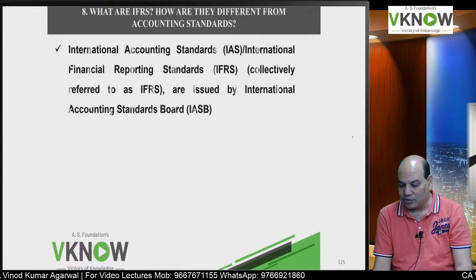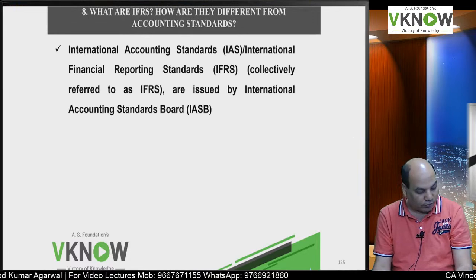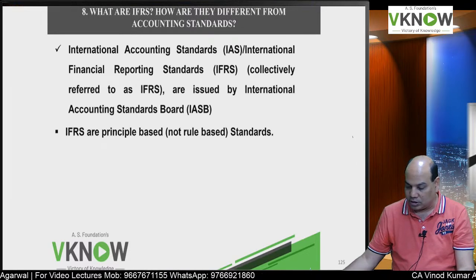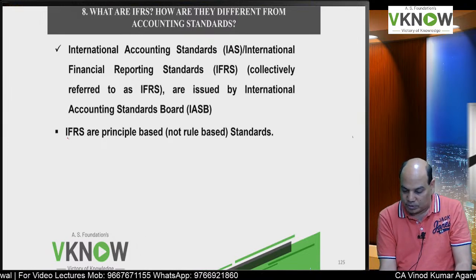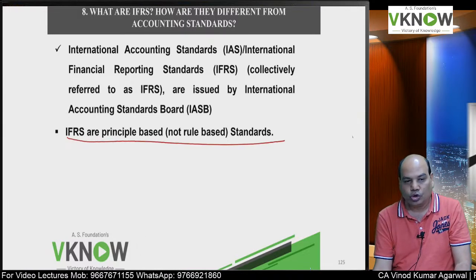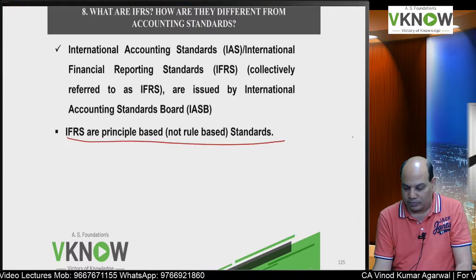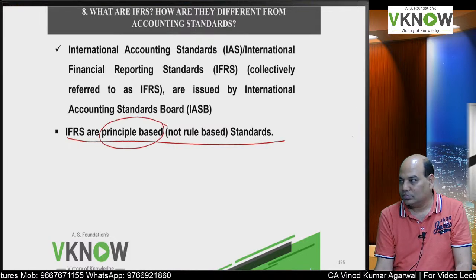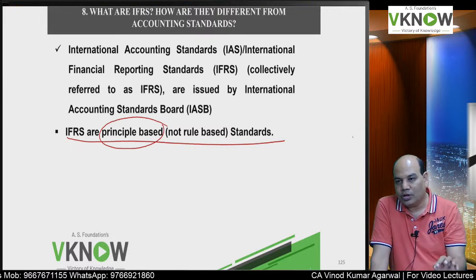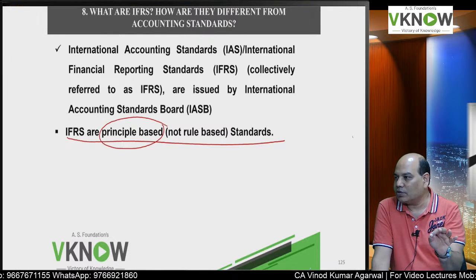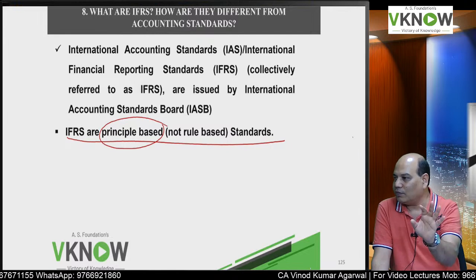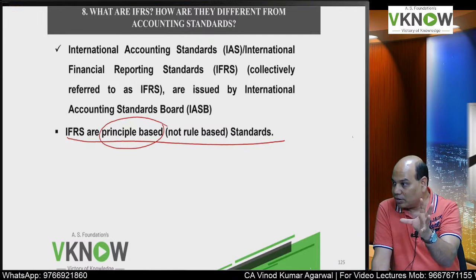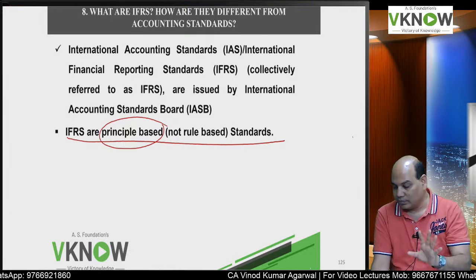So I have summarized it in the following way, that IFRS standards are principle based, not rule based. Principle based means they will give you a principle. For example, they will say if the lease term covers a major part of the economic life of the asset, it is a finance lease. But what is a major part is a matter of judgment.